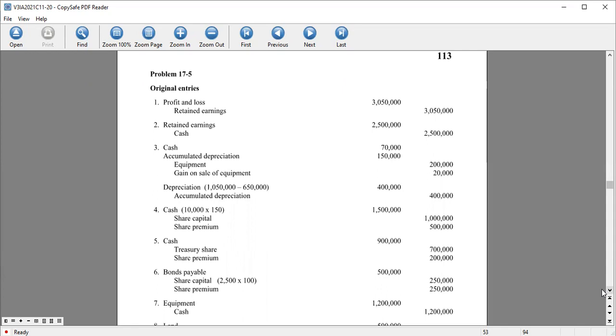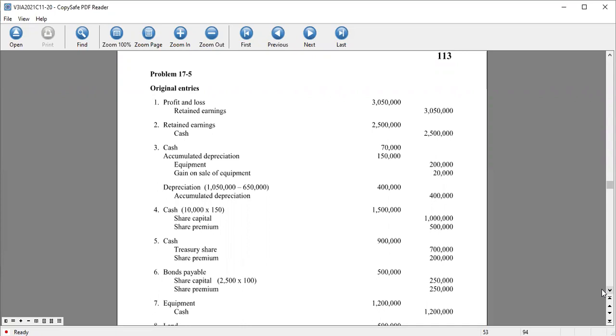Now in 17-5, we are given the additional information for 2021. The net income for the current year, cash dividends paid, the entity sold an equipment costing 200,000, carrying value or book value of 50,000. It was sold for 70,000 cash. The entity issued 10,000 shares of capital.